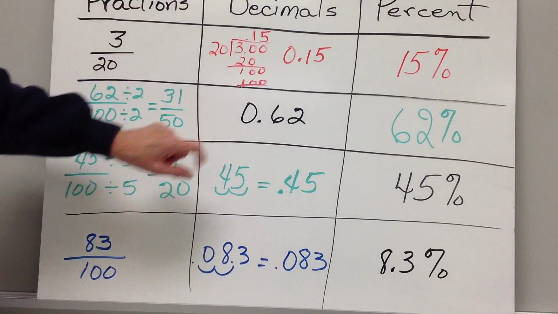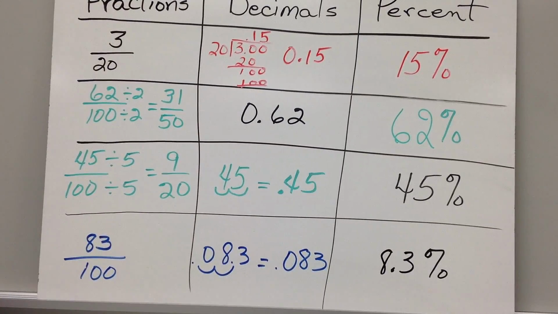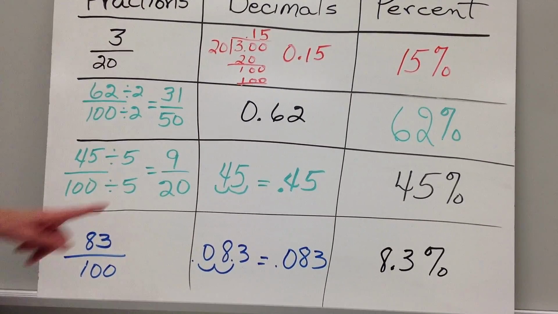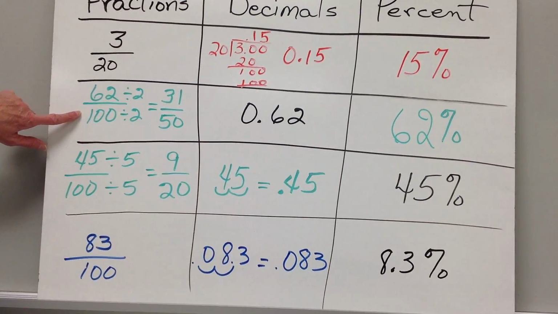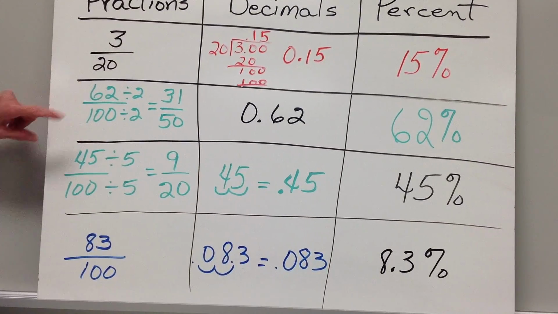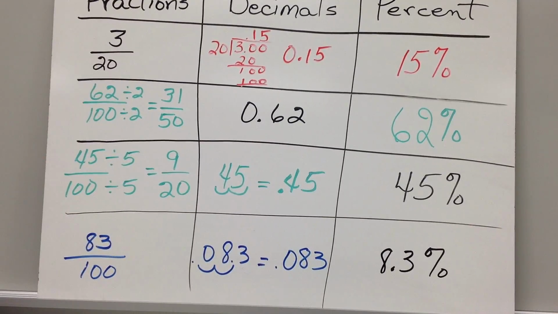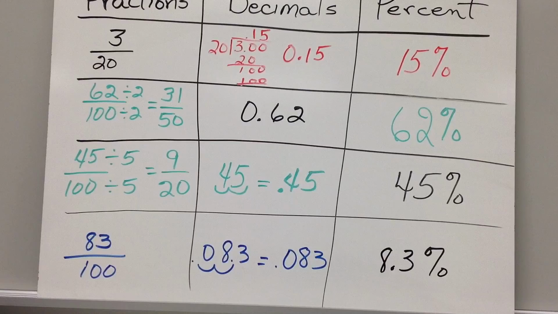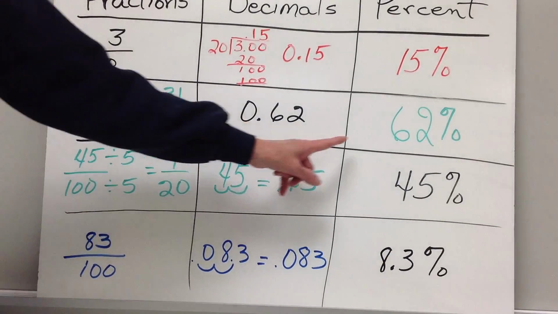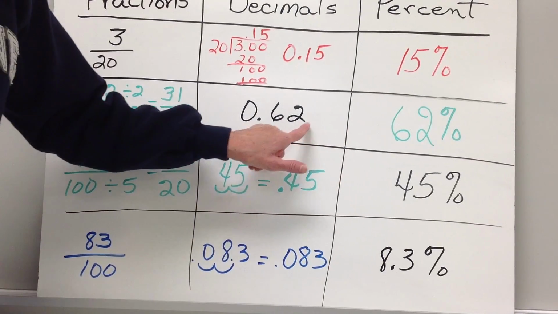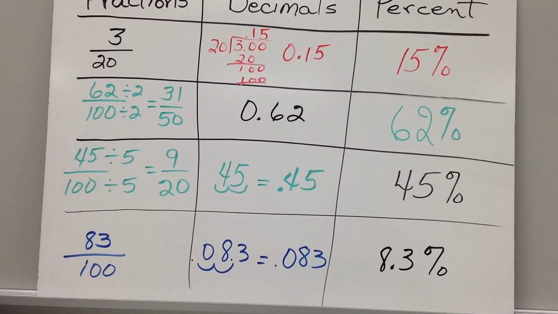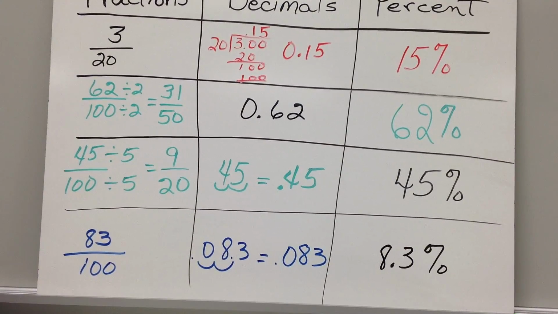If I start out with 0.62, that's 62 hundredths. Place value is 100. 62 over 100. I could divide both of those by 2 and get 31 over 50. To change to a percent, I just move the decimal 2 places to the right. That would be 62%.